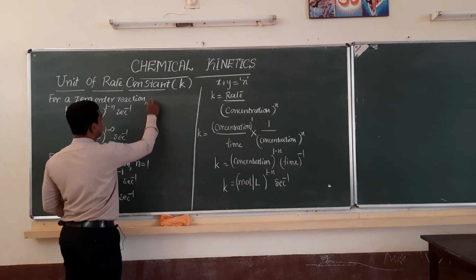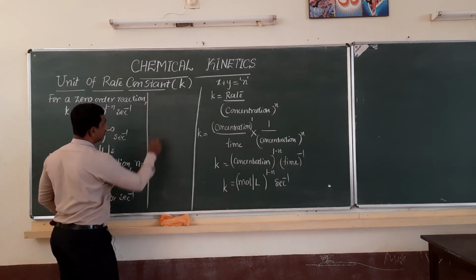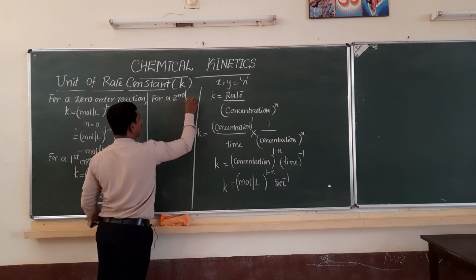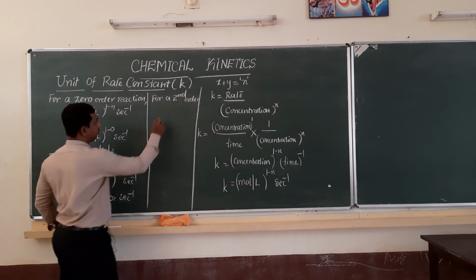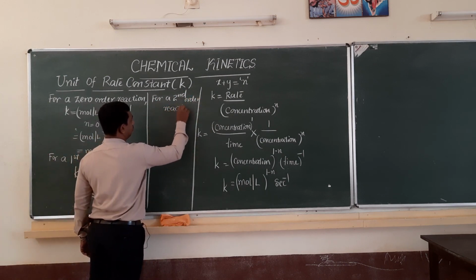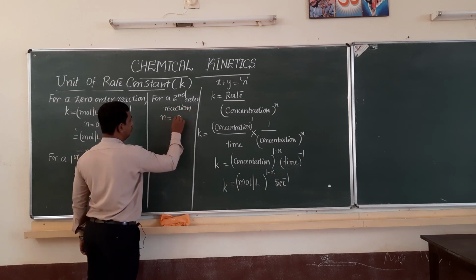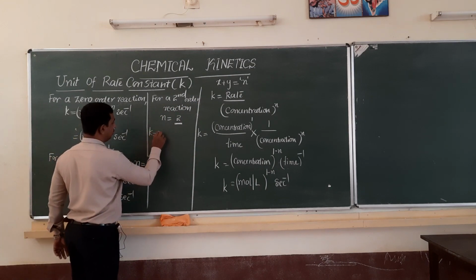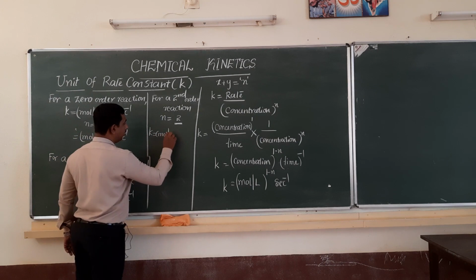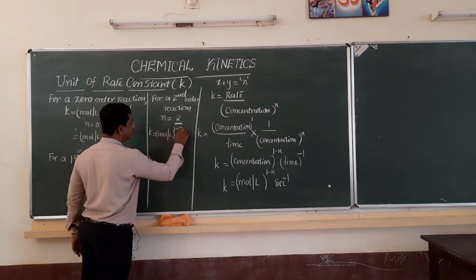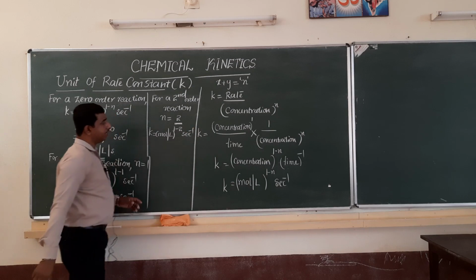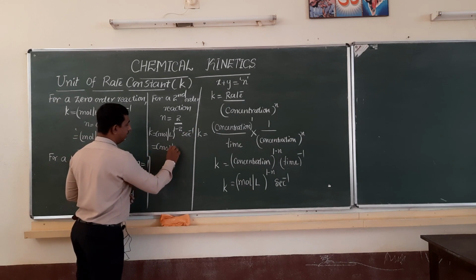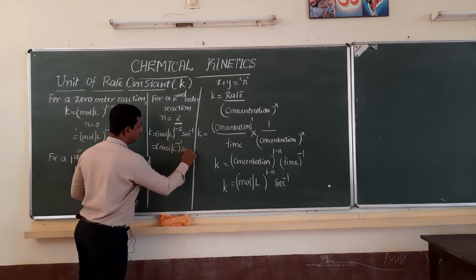Let us check the unit for a second order reaction. For a second order reaction, the n value is equal to 2, so K is equal to mole per liter power 1 minus 2 per second, or mole per liter power minus 1 per second.